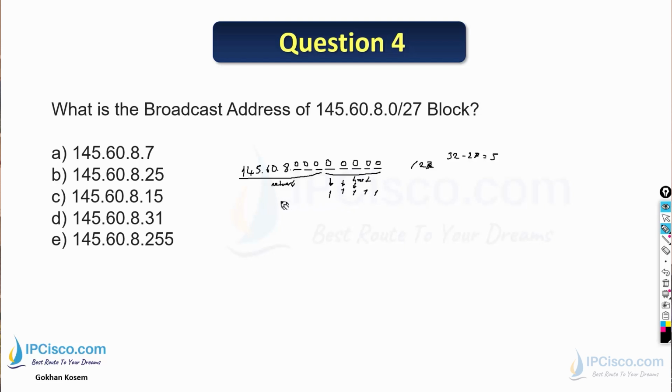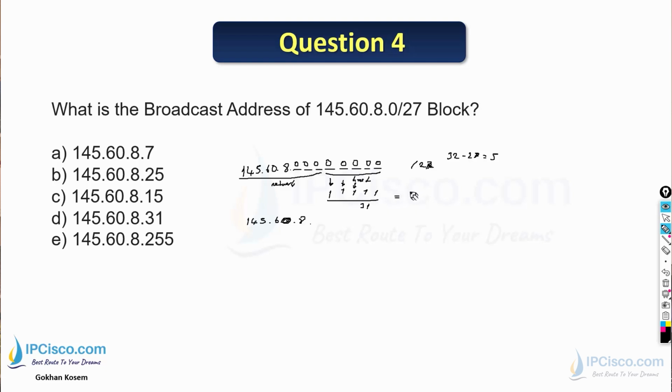So our new IP address will be 145.60.8. This is 31. When we add the values of these ones, we get 31. Let's show how.